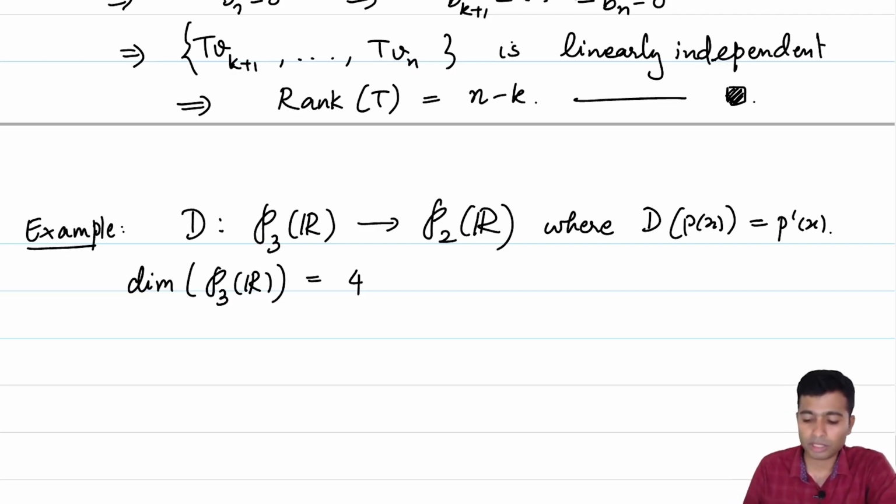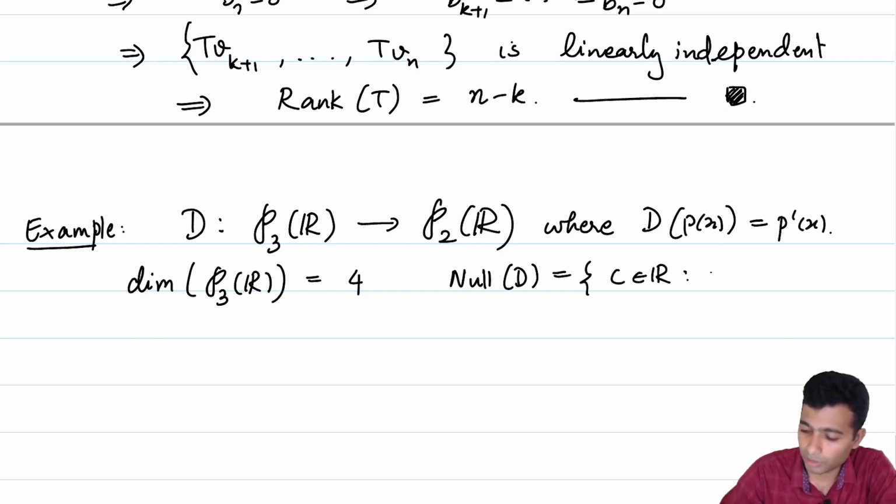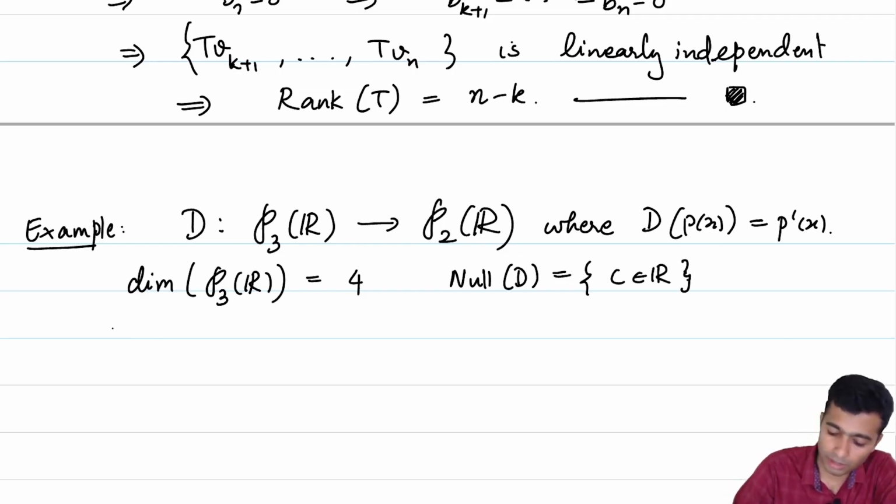We already saw what the null space of the differentiation linear transformation is. The dimension there will be equal to the dimension of the constant polynomials as a subspace. So the null space of D is the set of all c in R, the constant polynomials, and nullity hence is equal to 1.